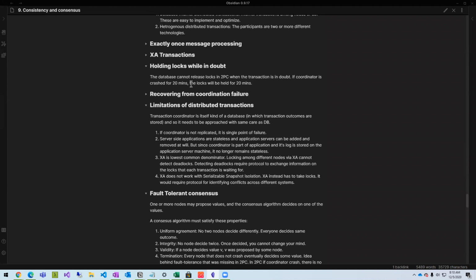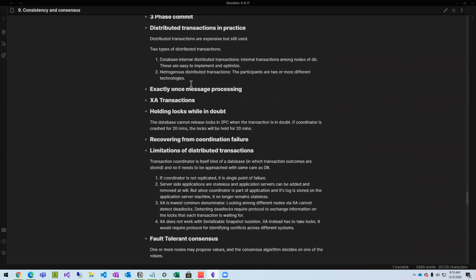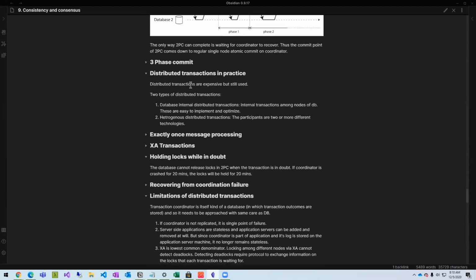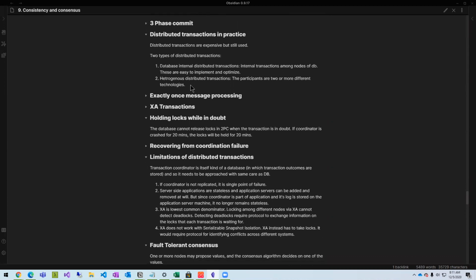Because if we want to detect deadlocks among multiple nodes, then the database has to send messages across these different nodes about which nodes have been locked and what they're waiting on, all this kind of stuff, which is not implemented in most databases by default. So that is the problem. We can have the problem of deadlock in this case.